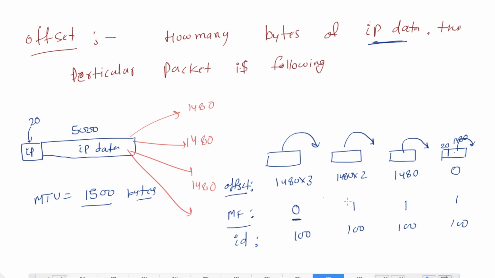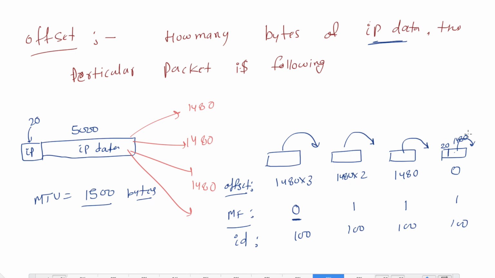The destination will search for the offset 0 and calculate the number of bytes here, which is 480. Then it will search for the packet having 480 as the offset. Now it will search for the next packet, which should have 480 into 2 as the offset, and then the next one with 480 into 3 as the offset. I hope you got it.